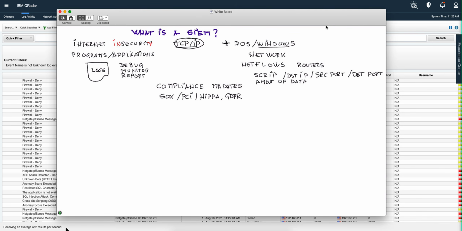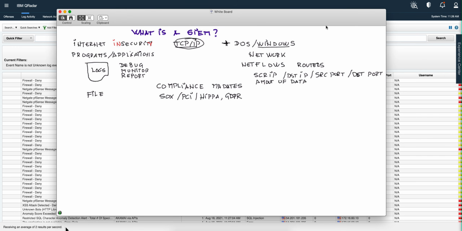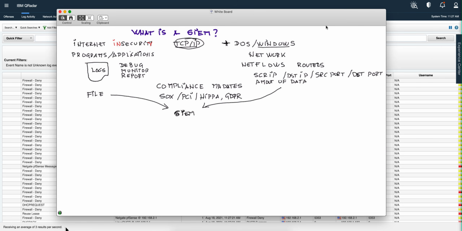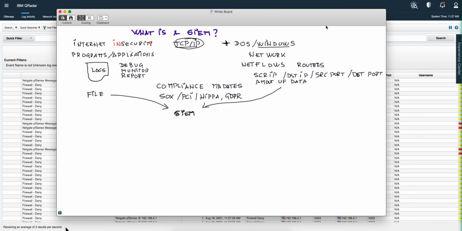So those logs that were put in a file and those flows that were produced by the routers were being sent to these new applications, and we are talking about maybe 15 years ago or so, called security incident and event management.